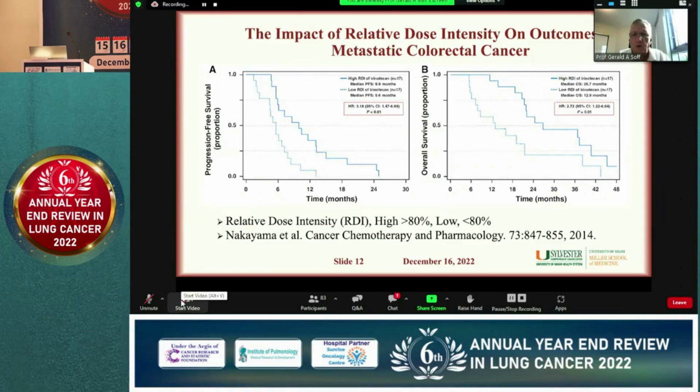This is a very important paper from 2014 now from Japan, Nakayama et al. They looked at colorectal cancer patients who had a reduced relative dose intensity of their chemotherapy. This is not only from CIT, this is from all causes of reduced dose intensity, but it still illustrates the point.